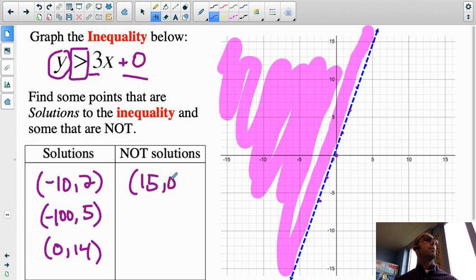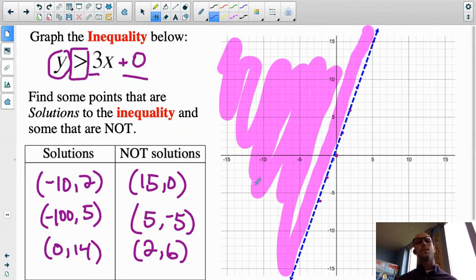So like 15, 0. 5, -5. And once again, I'm going to pick a point that's on this line just to illustrate that that is not a solution. So like this one right here, this is 2, 6. It's on that boundary line, and we are not including that. So 2, 6 is not a solution. That's how it's done.